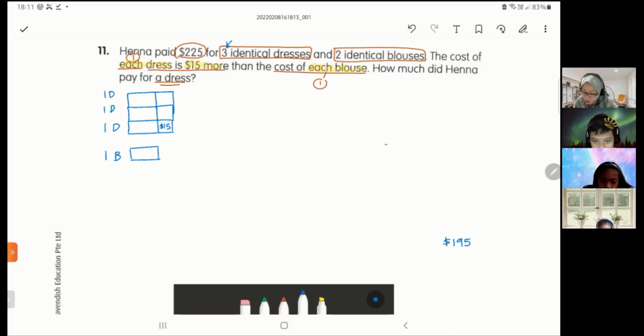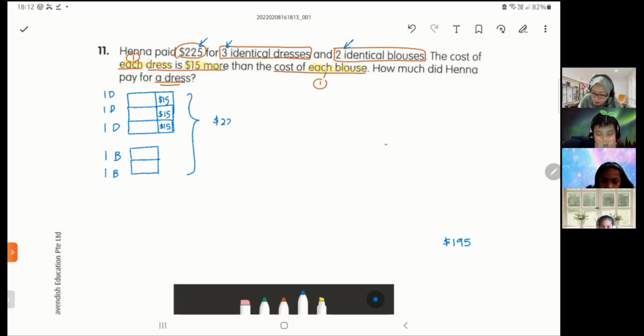Okay, so you can see the model. Over here is 15, here is 15. Now my blouse, how many blouses did I buy? 2. So one more blouse, I stack it downwards like this. And what's the total? The total is 225 for everything.